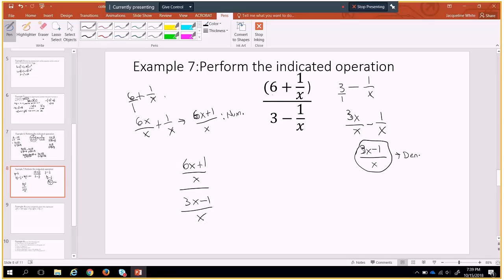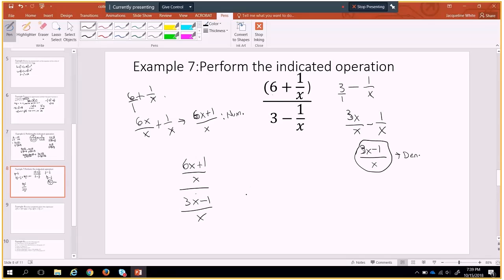Alright? So if you're dividing two fractions, what beautiful thing are you going to do? In this case, it's going to be a keep, change, and a flip. We keep the numerator as is, change the division sign to a multiplication sign, and we flip the denominator.